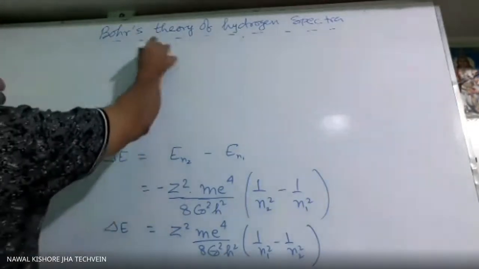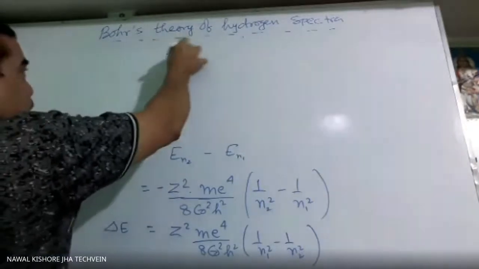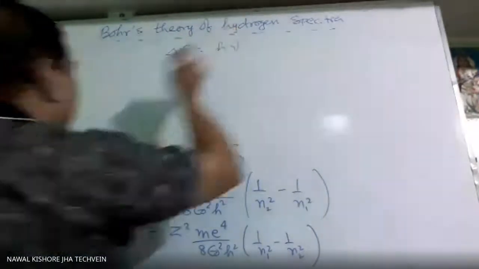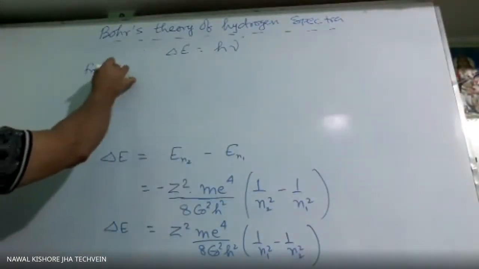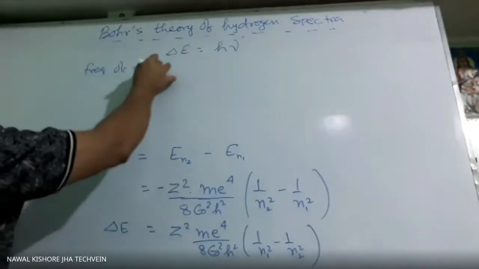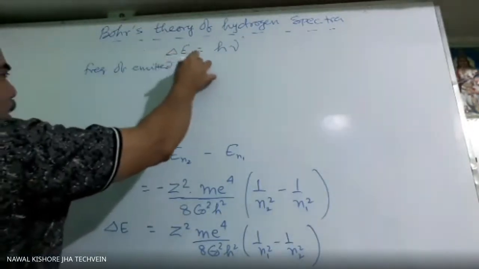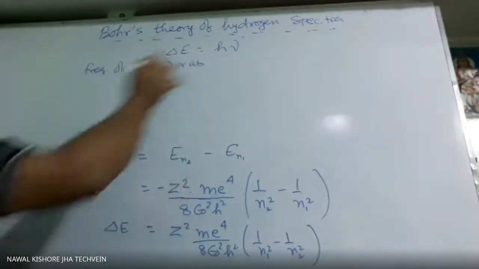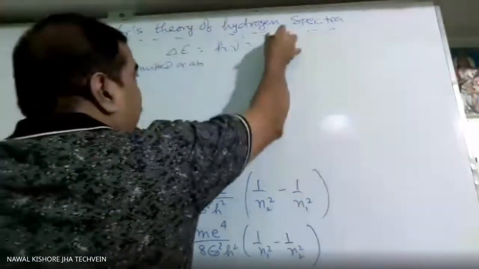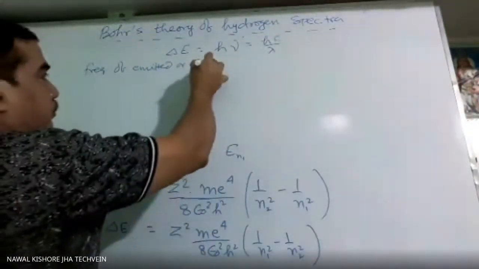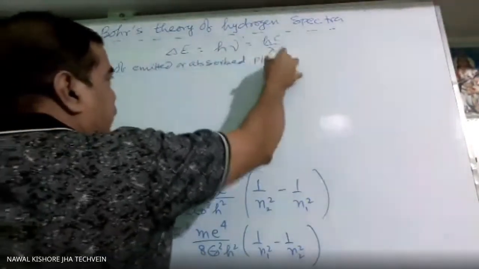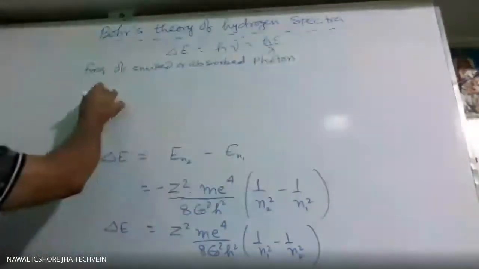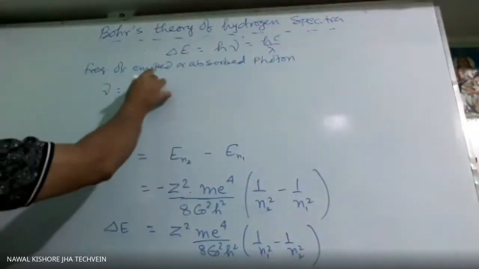Since this delta E is h nu, or it can be hc over lambda, the frequency of the emitted radiation nu will be delta E over h.